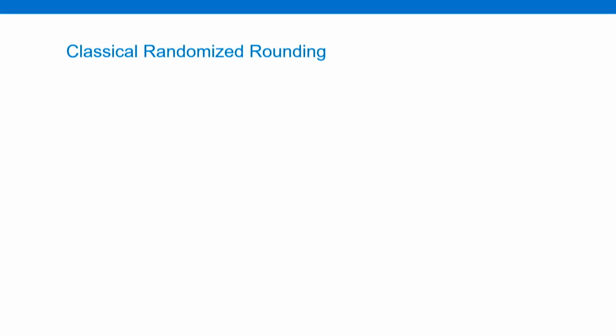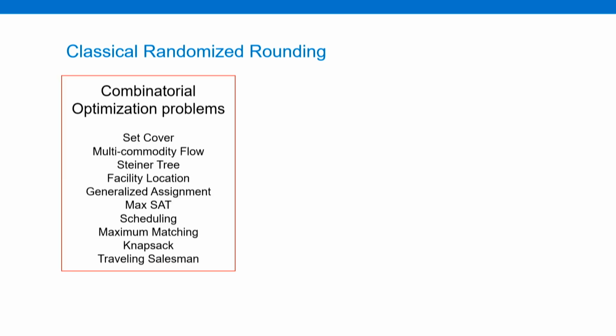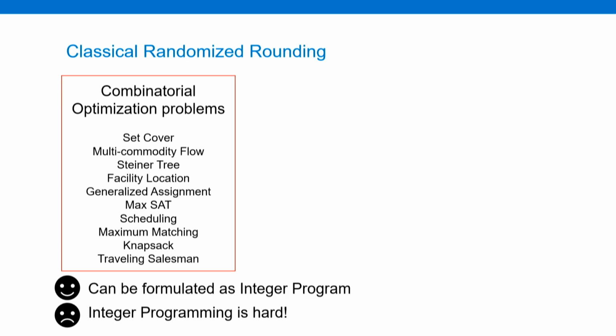All right, so let me start with classical randomized rounding. Originally, this was used for combinatorial optimization problems. Hopefully most of you have seen some kind of problem in this list before. I'd say these are founding problems for theoretical computer science and operations research, things like set cover, traveling salesman. These problems are all discrete optimization problems that you can formulate as an integer program. But integer programming is often hard.